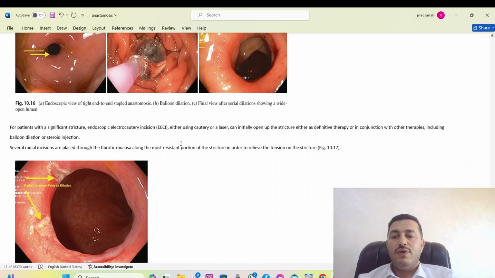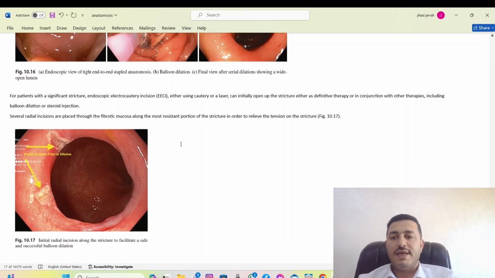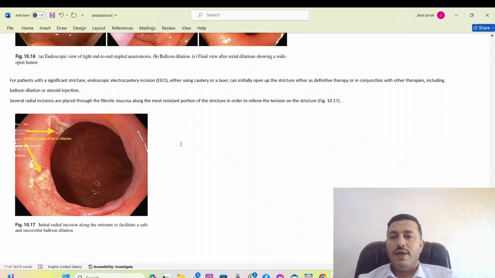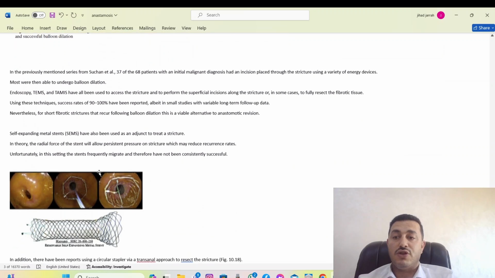Another way to deal with the stricture is endoscopically, to do what we call endoscopic electrocautery incision. You see this incision done at the stricture site. These are like releasing incisions to dilate the stricture.